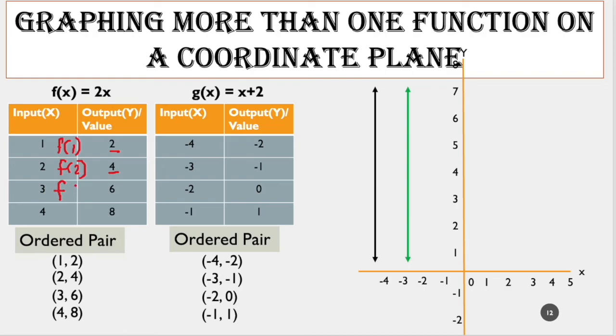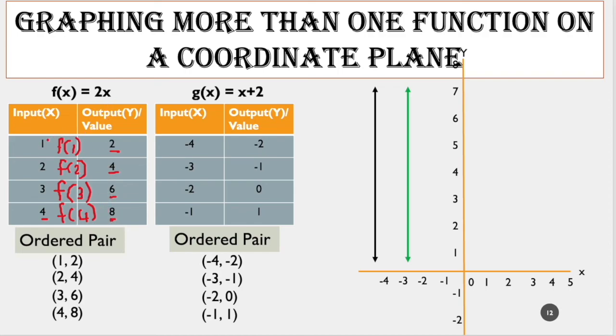Or the value of the function would be f of 3. That means wherever you see x, you plug in 3. So that would be 2 times 3. So that gives us 6. And what would be f of 4? It would be 2 times 4. That would be 8.